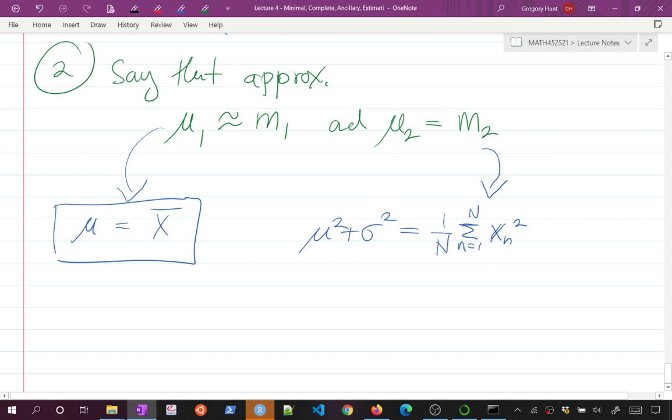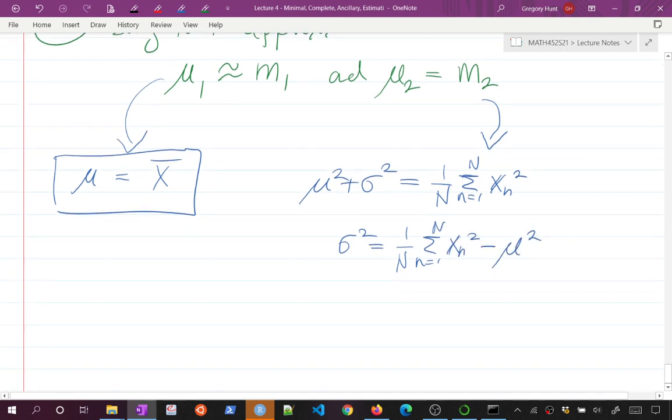What I want to do is, I already have isolated mu, so I'm going to say x bar is a good estimator for mu, and I want to isolate sigma squared. If I isolate sigma squared, it would be this thing minus mu squared. But of course, if mu is x bar, then I can replace mu squared with x bar quantity squared.